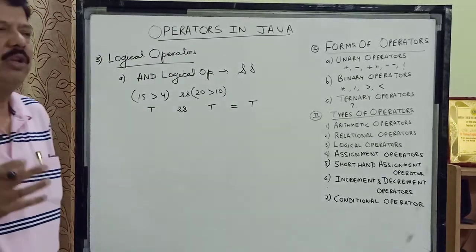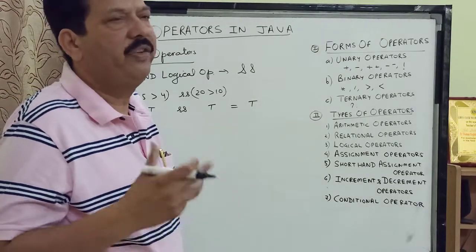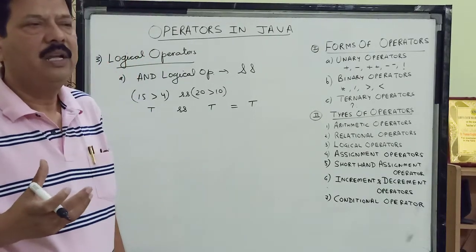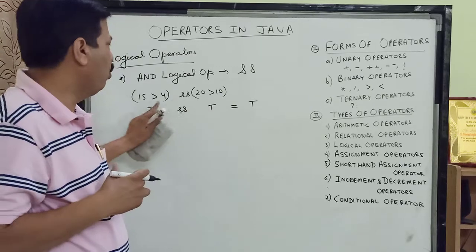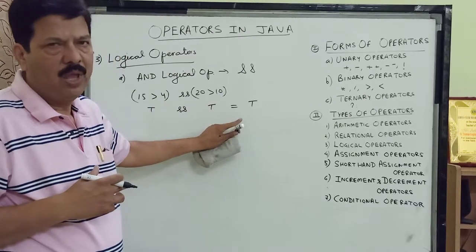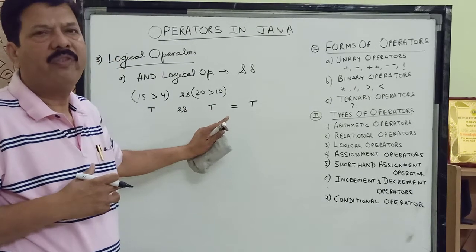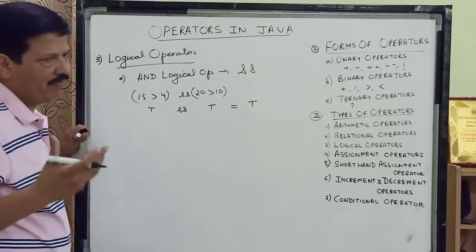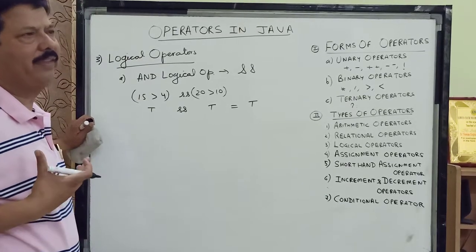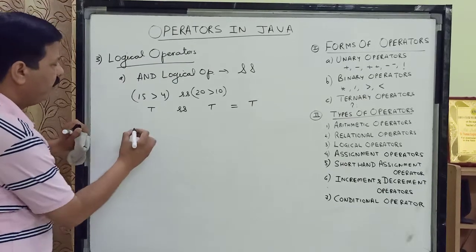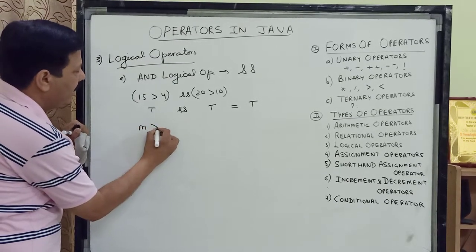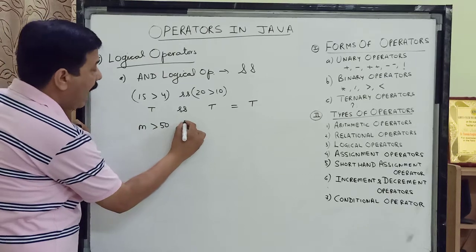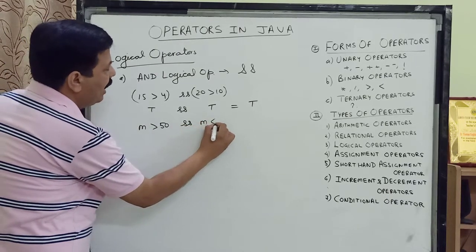So children, this logical operator is defined in such a way that the output will be true when both the inputs are true, and if any or all inputs are false, the output will be false. Say for example children, if I say I will get second division marks if my marks are greater than 50 and my marks are less than 60.